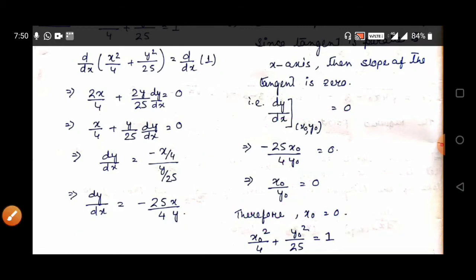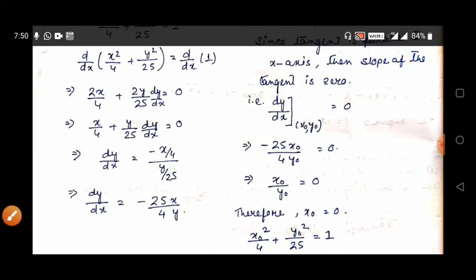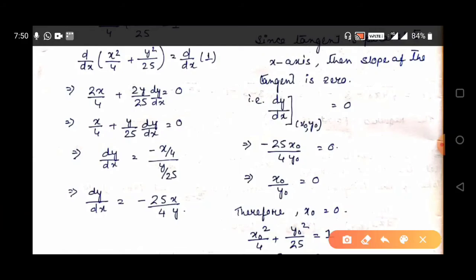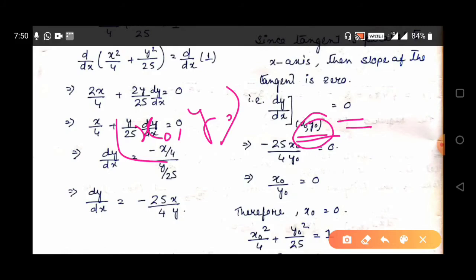If the slope is 0, then dy by dx at the point x naught y naught will be 0, where x naught y naught is the required point. So here what we are doing, we are assuming the point that is x naught y naught, and if we draw a tangent at this point and the tangent is parallel to x-axis, that means the slope of the tangent is 0.